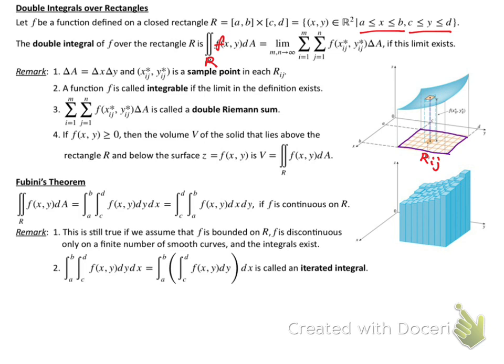And if the function f is positive or 0, then the double integral that you are getting is the volume of the solid that lies above the rectangle R, above the xy plane, and below the surface z equals f of x, y. Because for each little delta A, you are getting the height.